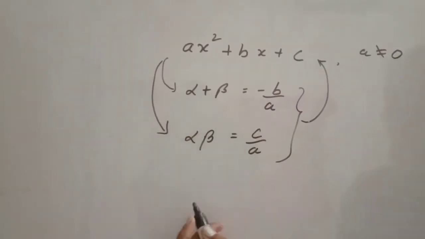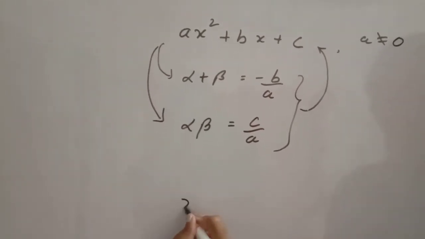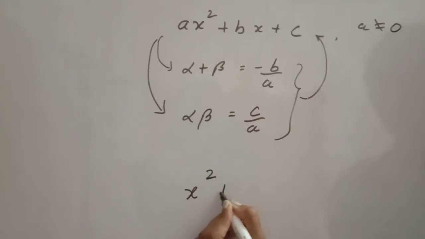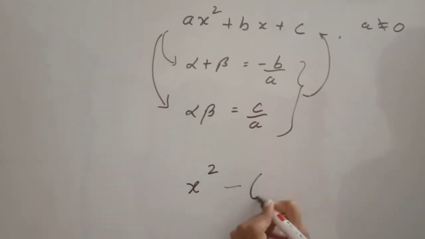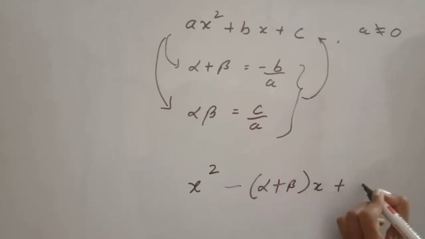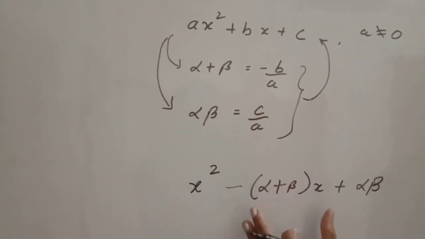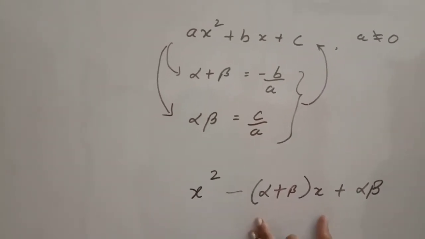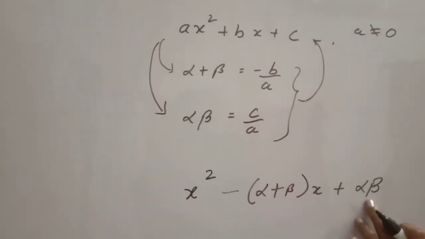If alpha and beta are the two zeros of the quadratic polynomial, then the quadratic polynomial will be x square minus sum of zeros x plus product of zeros. So this is the standard form of quadratic polynomial when sum of zeros and product of zeros are given.